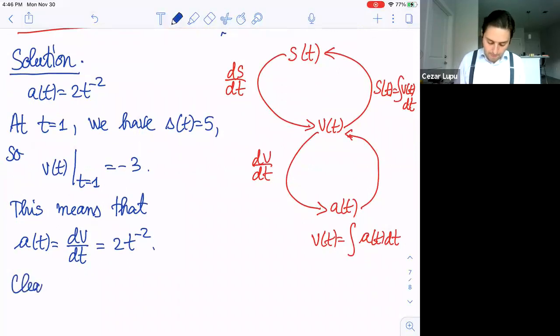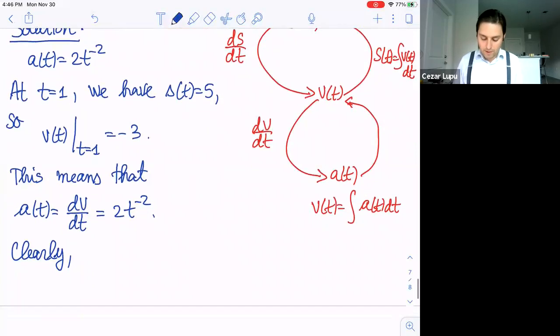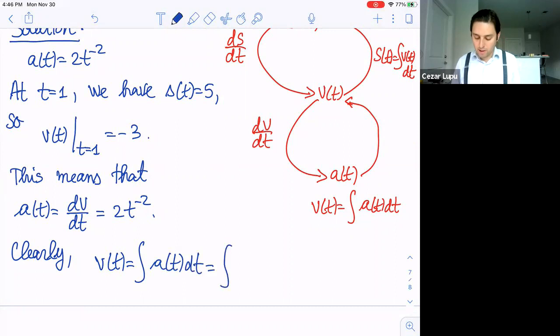Now, clearly, v of t, which we said is the antiderivative of the acceleration, will be nothing else than the integral of a of t dt, which will be the integral of 2t to the power -2 dt.